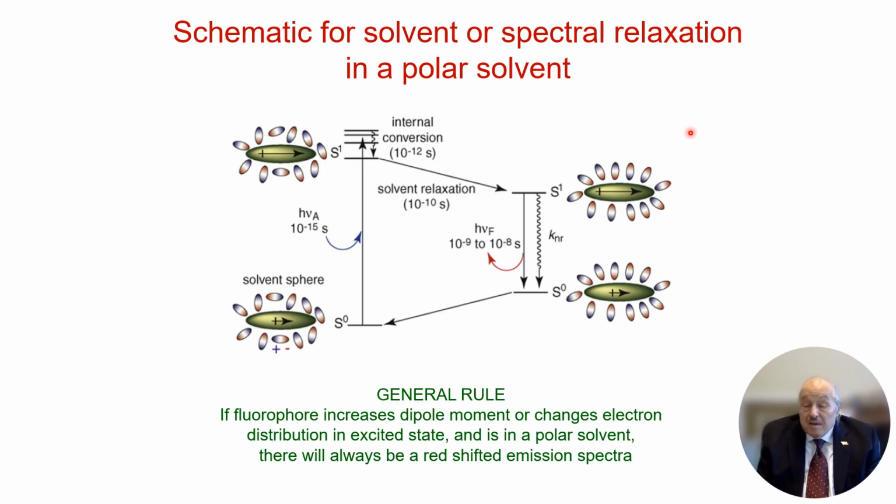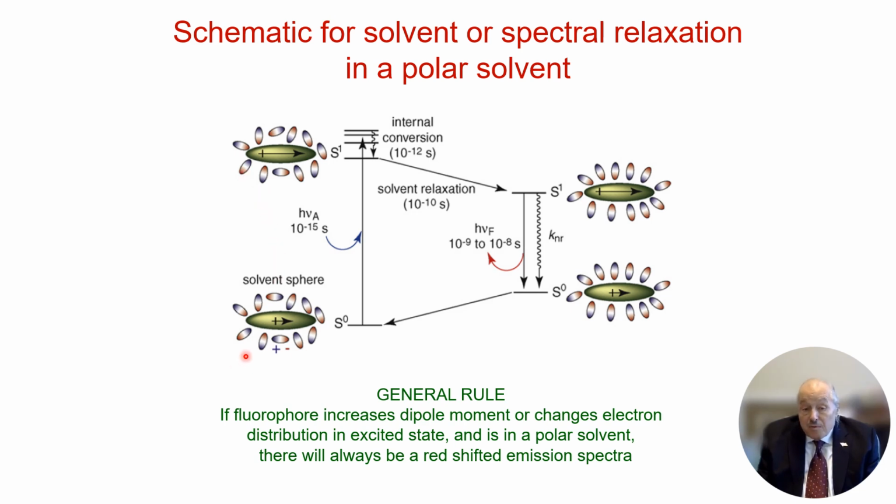So I found this on the web. Here's a general schematic for spectral relaxation, and I thought it was a good one to start with. So we start with the fluorophore in the ground state, and fluorophores in the ground state generally have a smaller dipole moment than do fluorophores in the excited state.